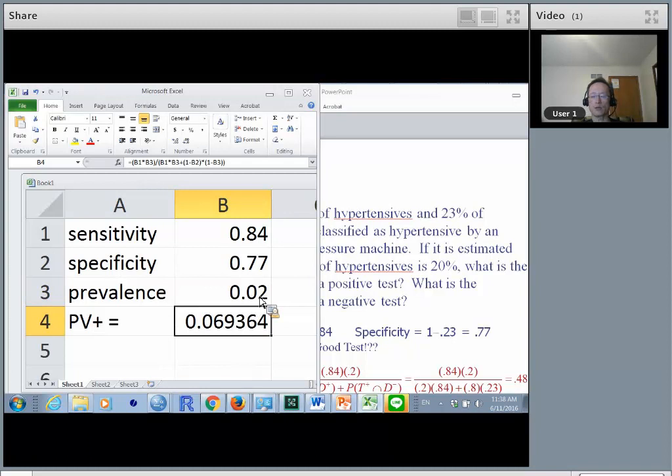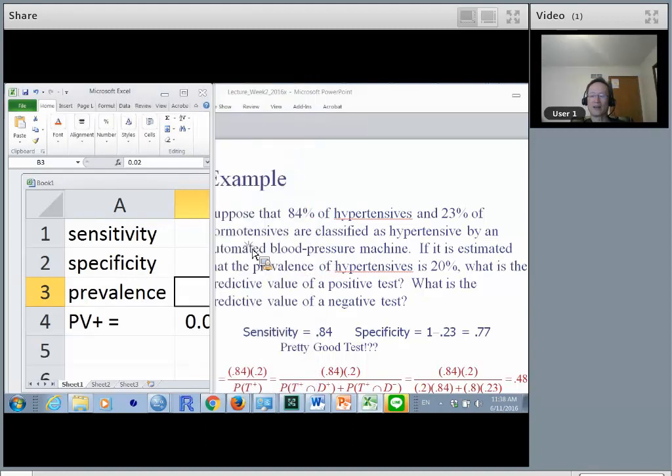Oh my God, that's only like 7%. So the predictive value of a positive test is that low. That means if you're tested positive, the likelihood you have the disease is very low. So the prevalence is a very important number there too. Hope you see that. Okay.